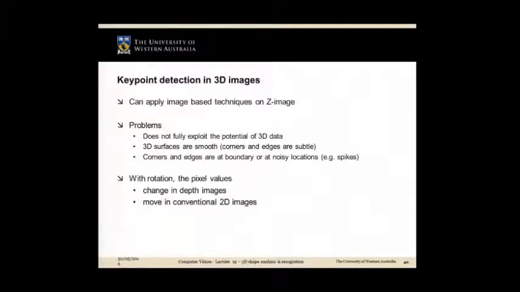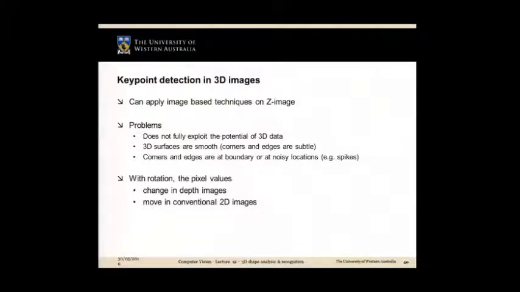If you remember, the Harris corner detector looks at the corner information, but the problem with 3D data is that the corners and edges are very noisy. So if you are using 2D techniques for feature detection, those techniques would fail. They will not give you very good feature detection points.